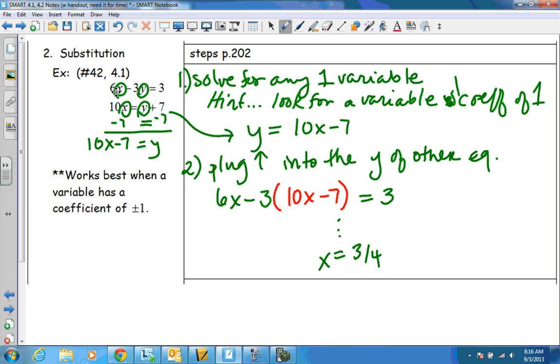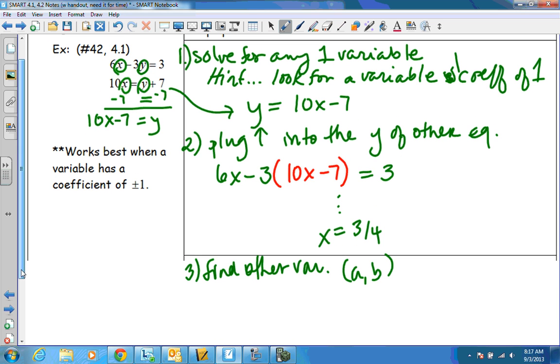Alright, so now that I have 3/4 for x, we have to find the other variable so I can write it as a point, right? So we have to find y. Which one do you want to put it in?